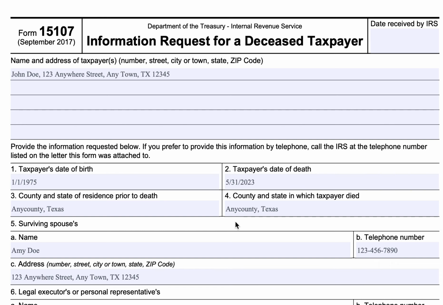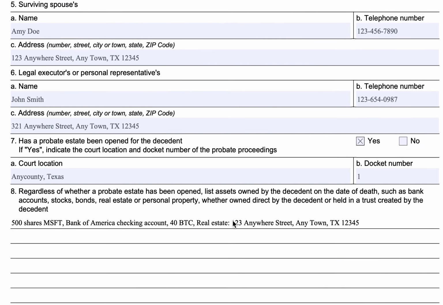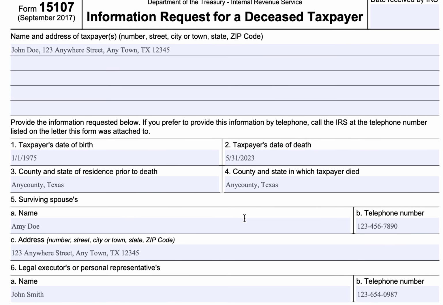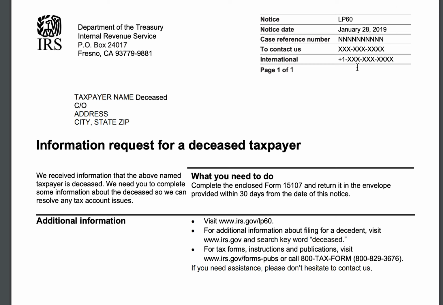And you're not providing any sensitive personal information here of your own nature. So either way, whether you complete the form or whether you call the IRS at the contact number provided in the LP60 notice up here, there will generally be a phone number based on who the case is assigned to. And you should be able to contact that person for assistance.